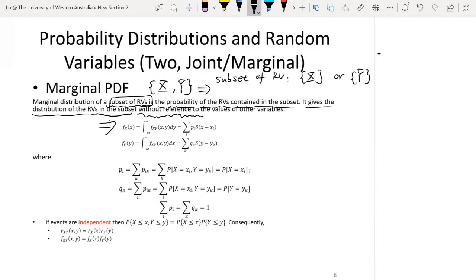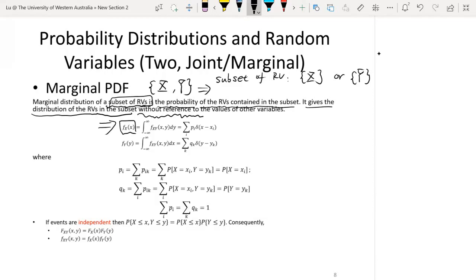We want to evaluate not the full thing. We want to focus on X only, for example. So we are evaluating, for example, the PDF of X. This is not really called PDF. This is called the marginal PDF, because we are ignoring the Y here, right?